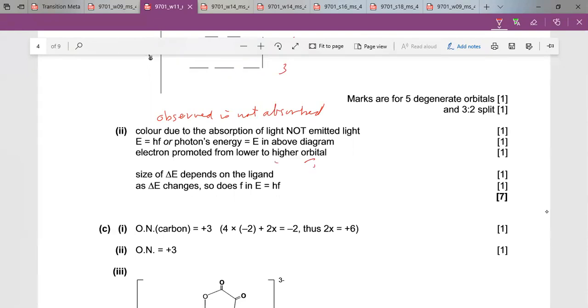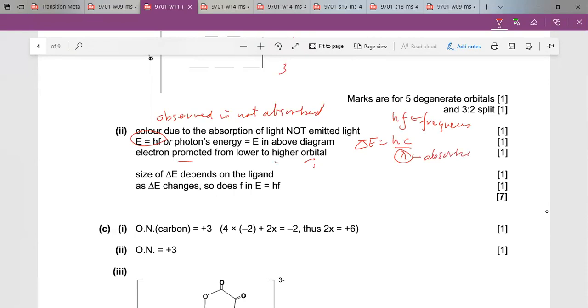So the formula is what? Delta E equals h, of course, c over lambda, better this than frequency. It doesn't matter. This is the wavelength, not frequency. If it's h, f is frequency. This is absorbed.